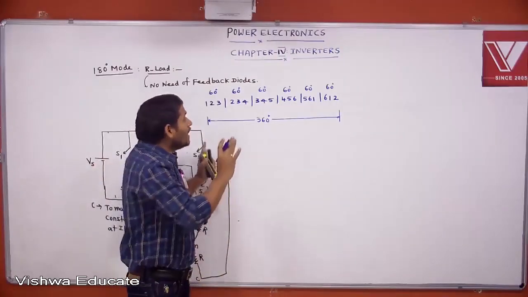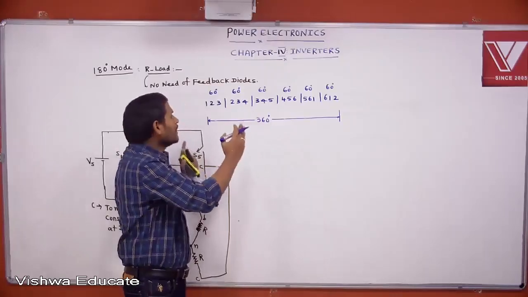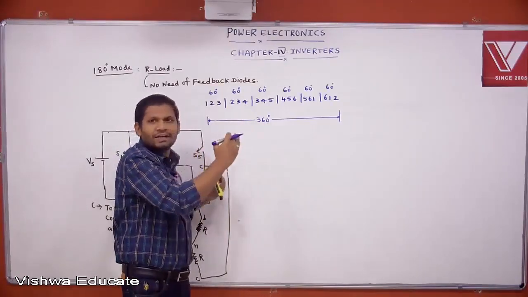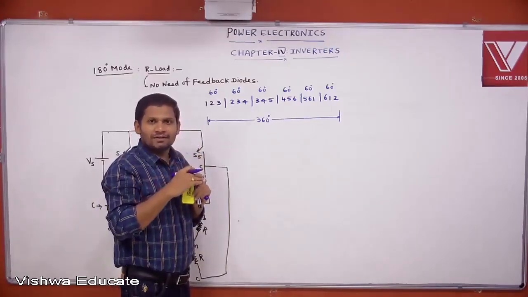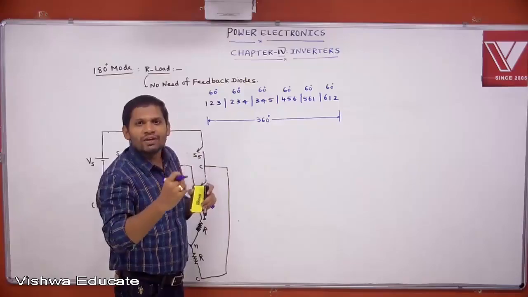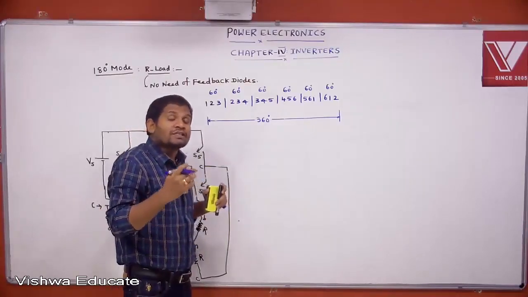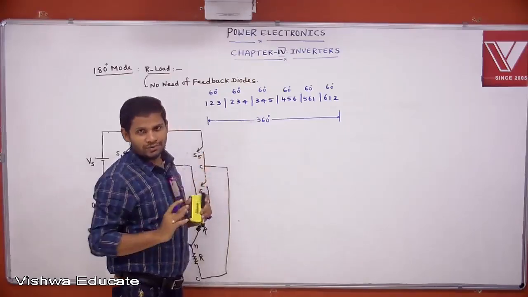Now, in this, different devices are conducting: 1, 2, 3, then 2, 3, 4, then 3, 4, 5, then 4, 5, 6. If different devices are conducting, I want to calculate the phase voltage and the line voltage. Once you know the instantaneous phase voltage and line voltage, then we can draw the waveforms.